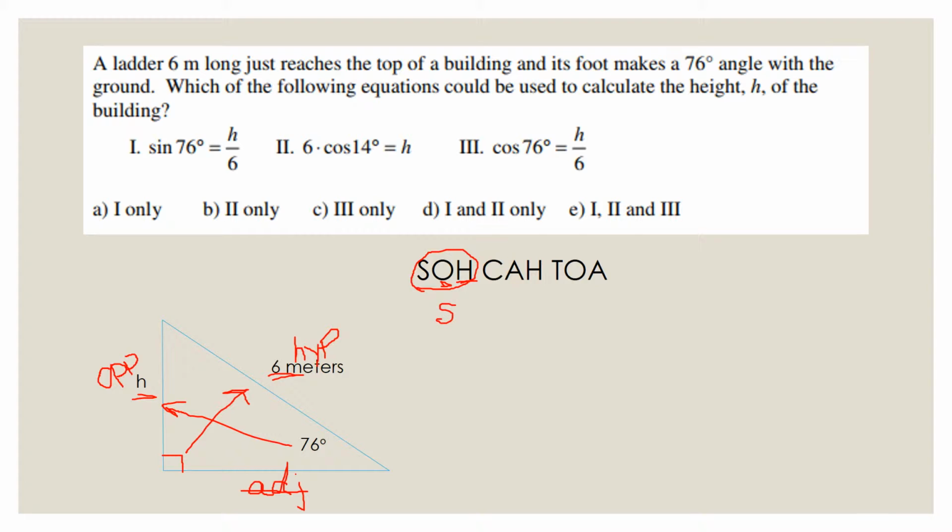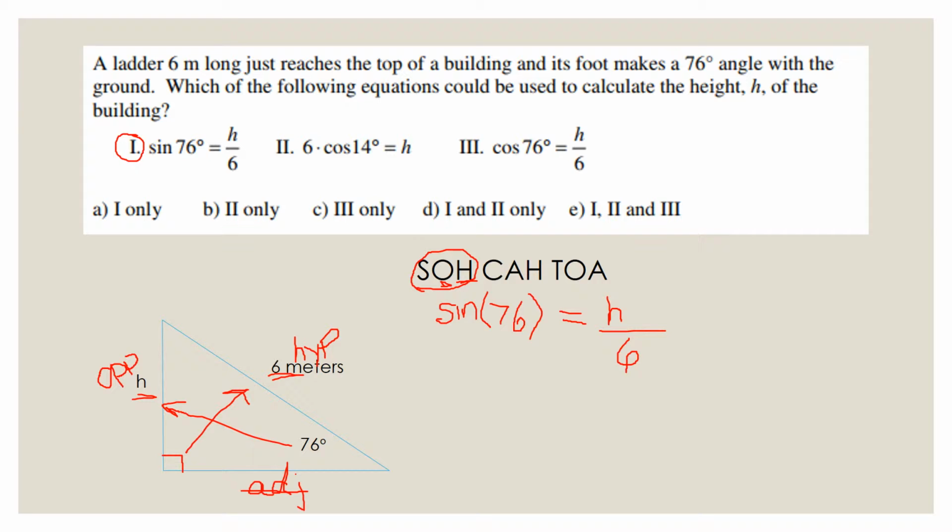So we can say that the sine of 76 degrees, we always put our degrees inside of our parentheses next to our sine, is going to be equal to opposite, which in this case is h, over the hypotenuse, which will be 6.